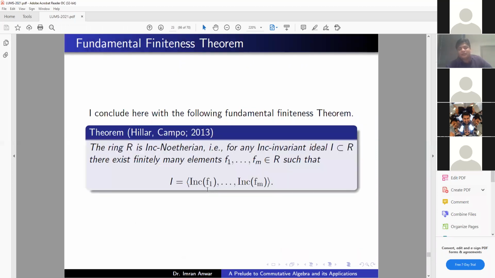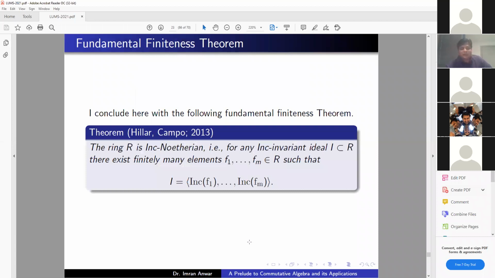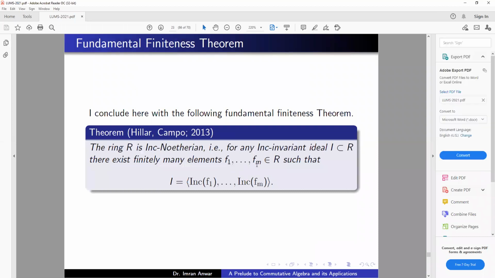So you understand? I was applying the inc operator on each generator of this one. So similarly, for any arbitrary inc-invariant ideal, there always exist finitely many members in R, where you can obtain all the entries by applying the inc operator on those. So this was the result which gives you a complete idea about the fundamental finiteness theorem in this particular theory.